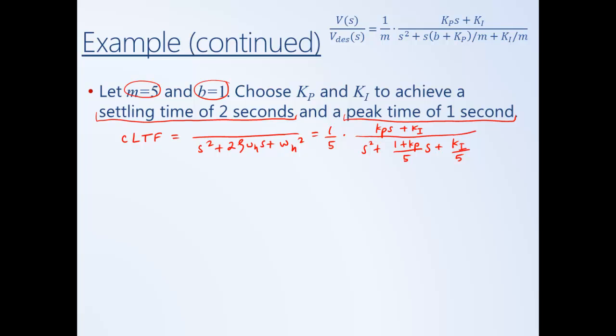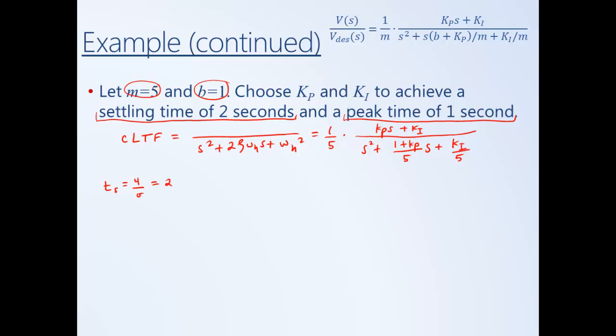And so looking at our requirements, we want a settling time equal to 2 seconds. So thinking back to our relationships, we want 4 over sigma equal to 2. This relationship only holds for canonical second order systems, which we don't have because of this zero.